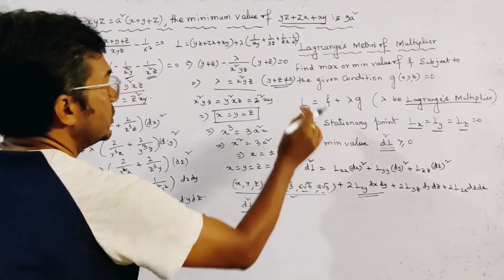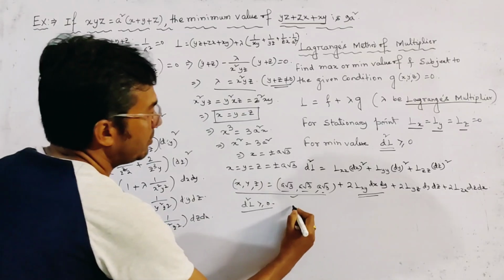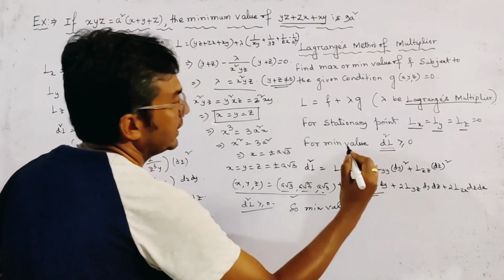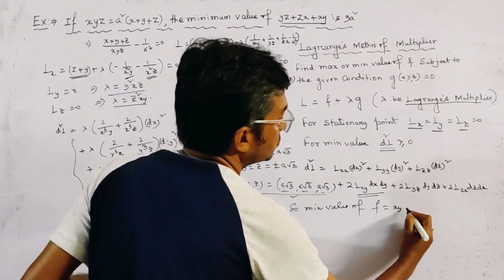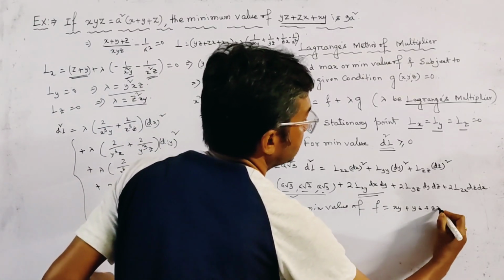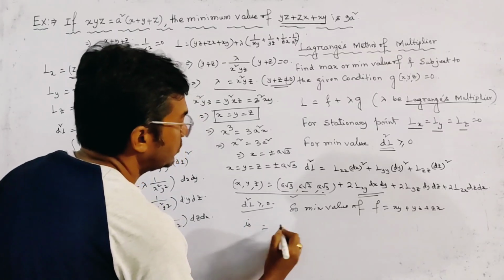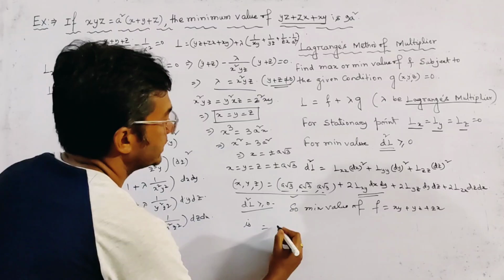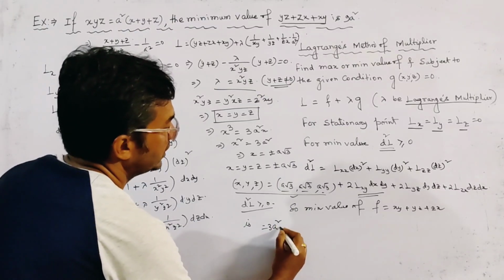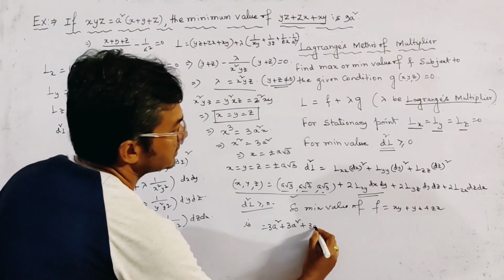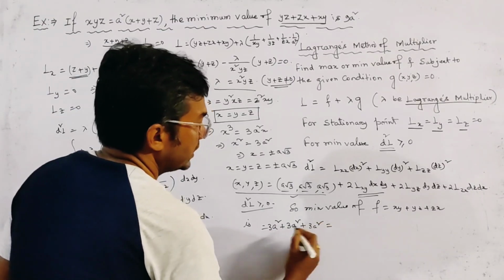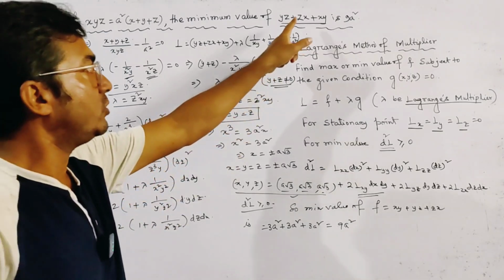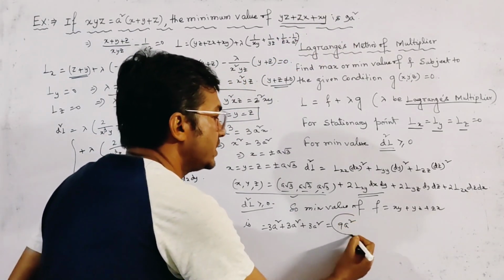So the minimum value of f, equal to xy plus yz plus zx, we get 3a square plus 3a square plus 3a square, which is 9a square. We wanted to prove that the minimum value is 9a square, and this is the proof.